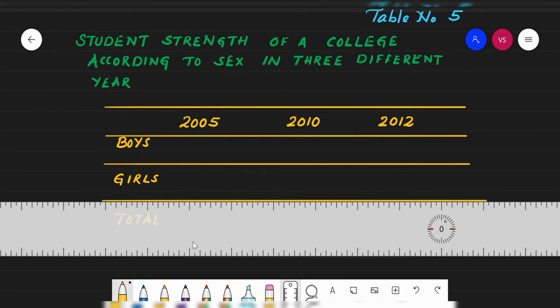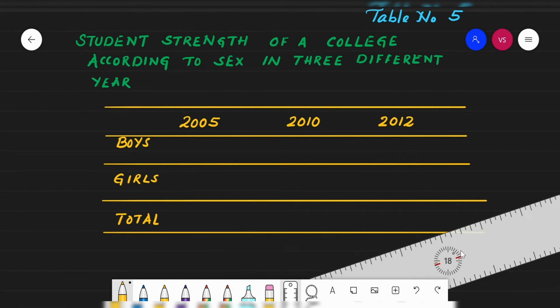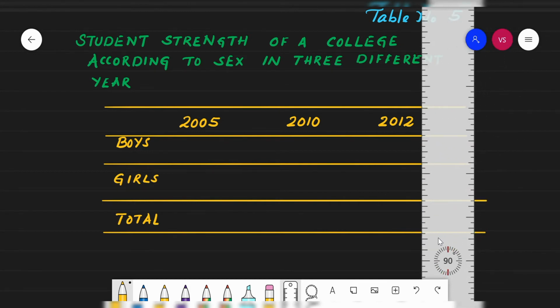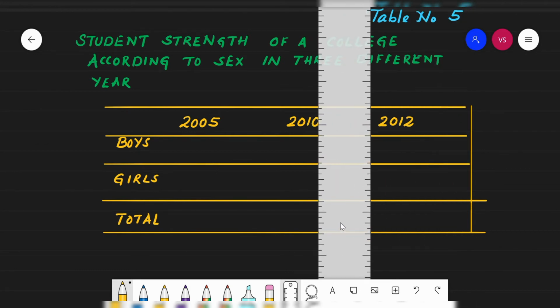Then we have the last one, which is total. Fine. Done. So now we will rotate, change the scale, perpendicular, and we'll start drawing here. Then we can come to this part. Then we can come here.